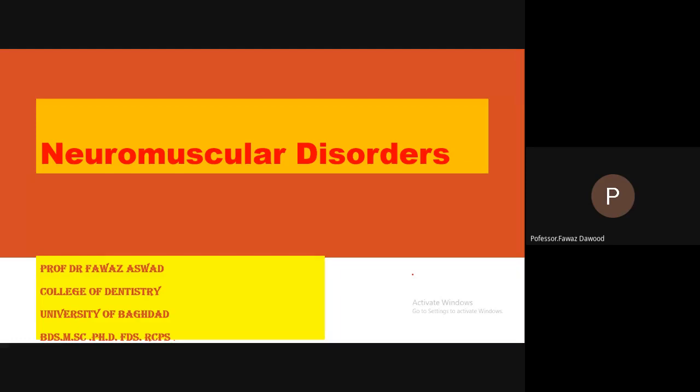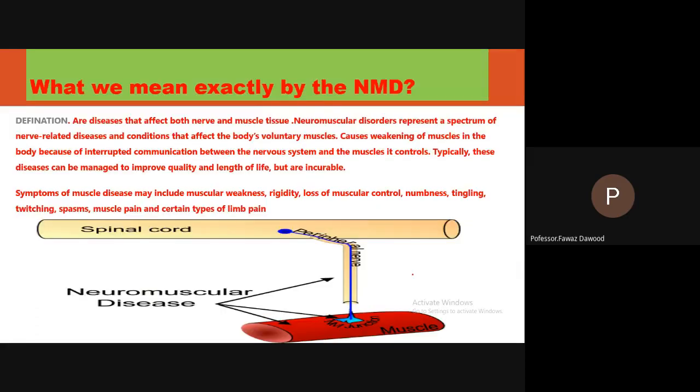So let's start with the neuromuscular disease and let's have some idea about these diseases. First of all, what do I mean exactly by the neuromuscular disease or disorder, from its name? The effect is going to occur on the neuron, and the other effect is going to occur on the muscular, as we are going to say.